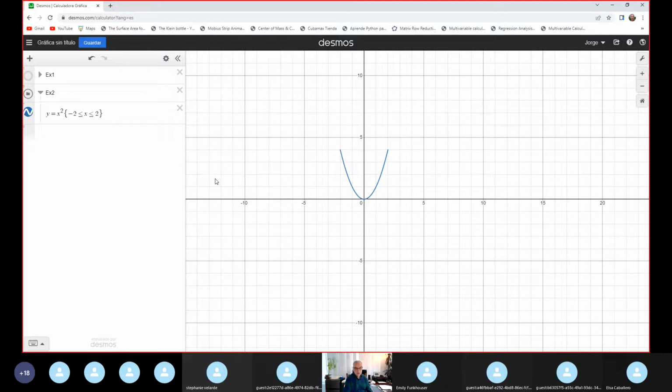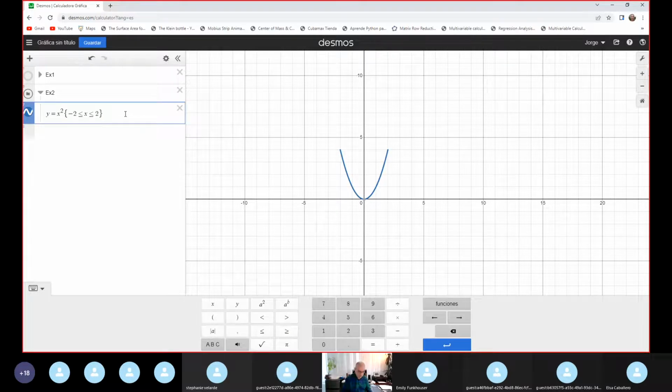This is one piece. I did the graph of the first piece. Let's do the graph of the second piece. The second piece is a line. It's a line, y equals 2x minus 1. Okay, cool. The same color.